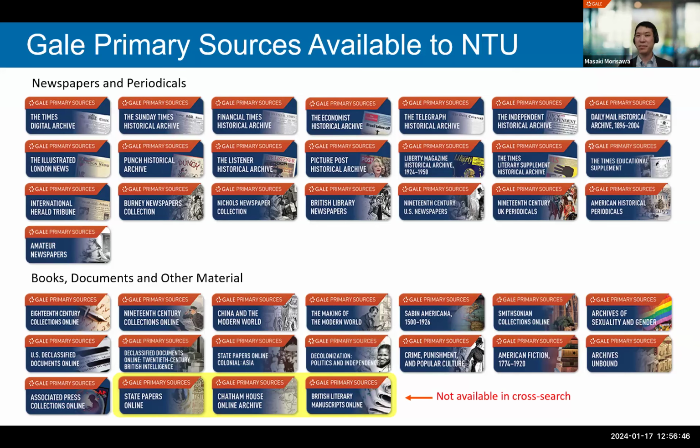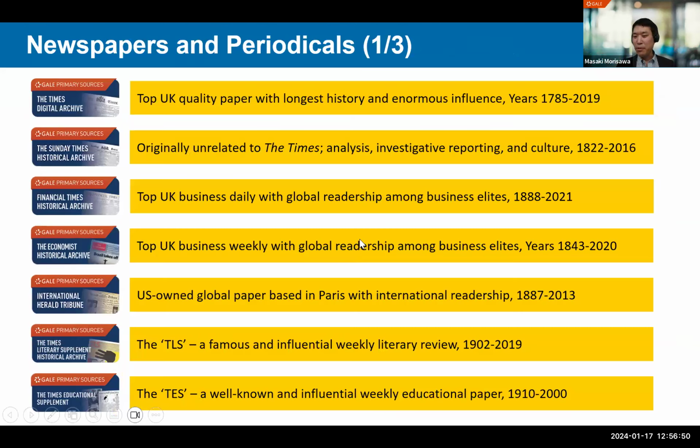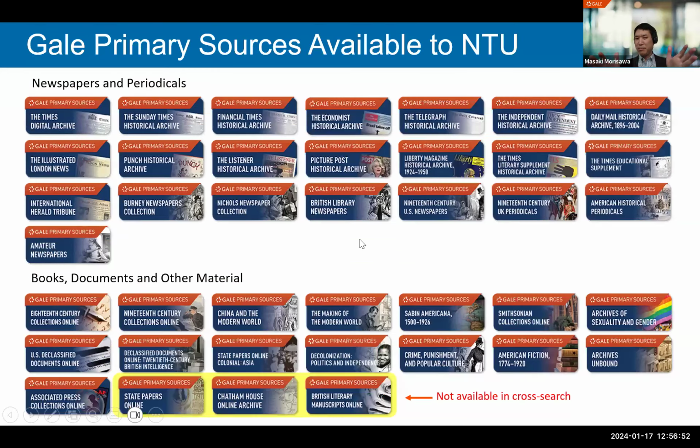Okay, so before I go into the cross-search, let me briefly show you one-liners about each of these. I won't take too much time. I have like 6 slides, but I'll go through them very, very quickly, and I won't read them all, okay? I promise. But I just wanted to give you a really brief overview of these 40 collections.